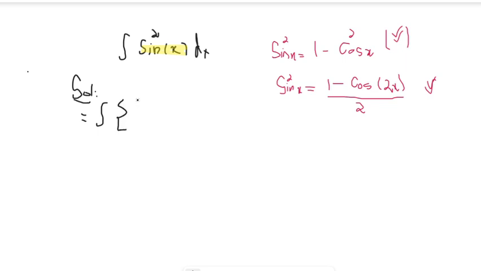So we can write it as 1 minus cos 2x over 2, and here we will write dx.